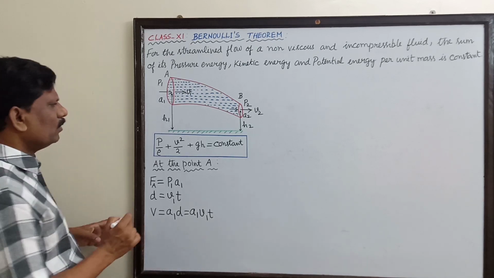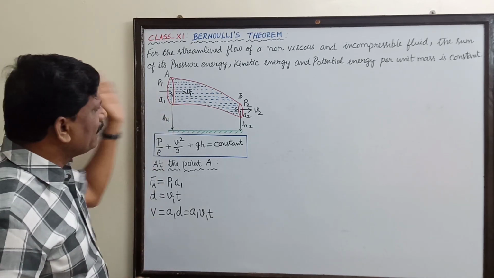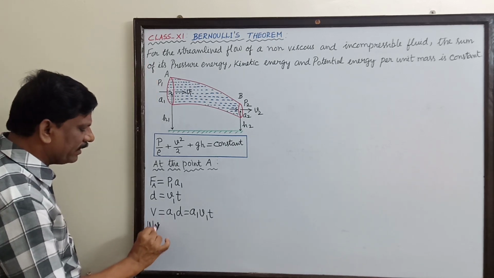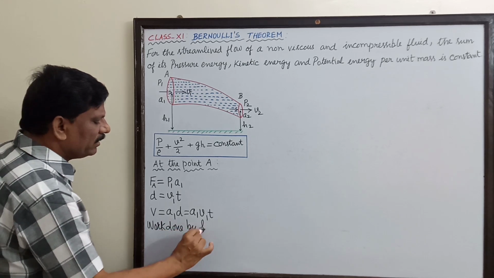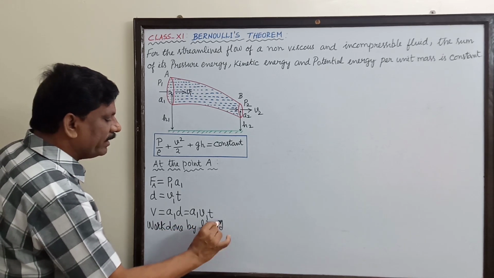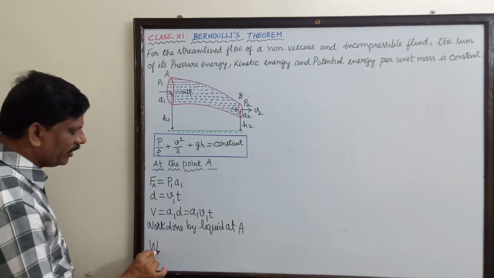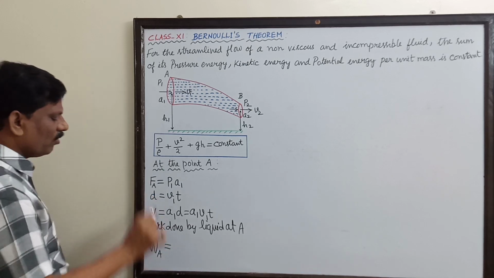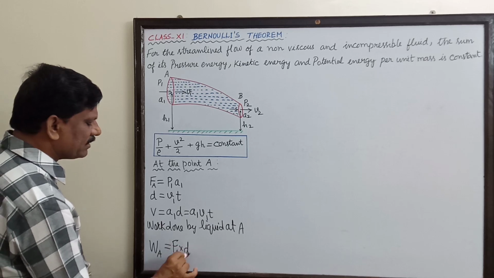Now, what is the work done by the liquid at the point A? Now I will write work done by the liquid, or fluid, at A. That is taken as WA. So that is force FA into distance.